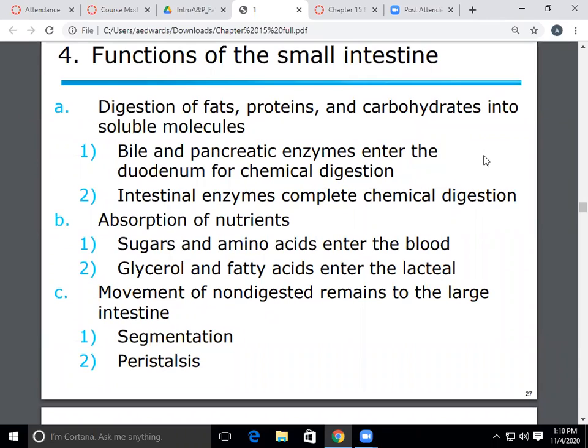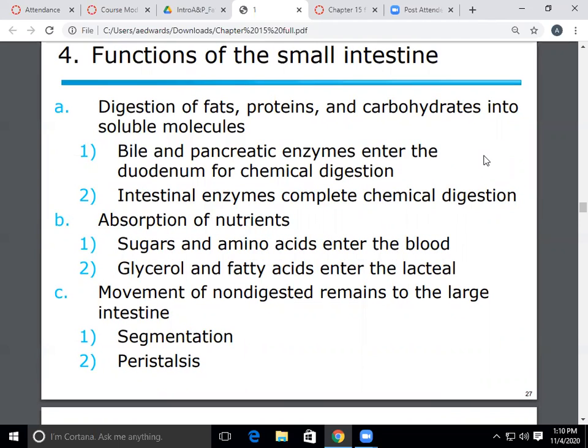So what does the small intestine do? It helps you digest nutrients like carbohydrates, proteins, and fats, breaking them down into soluble molecules, molecules that you can dissolve and absorb. How do we do that? Bile and pancreatic enzymes from the pancreas will enter the duodenum for a more chemical digestive process.